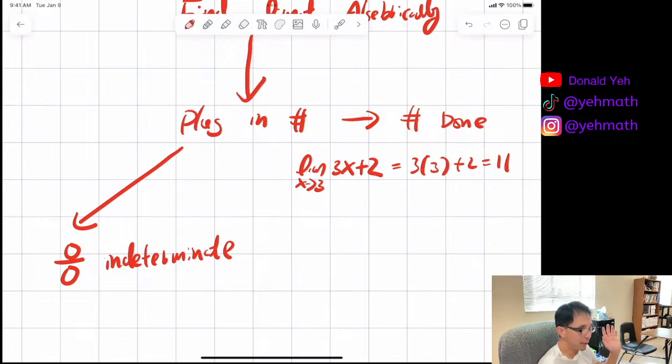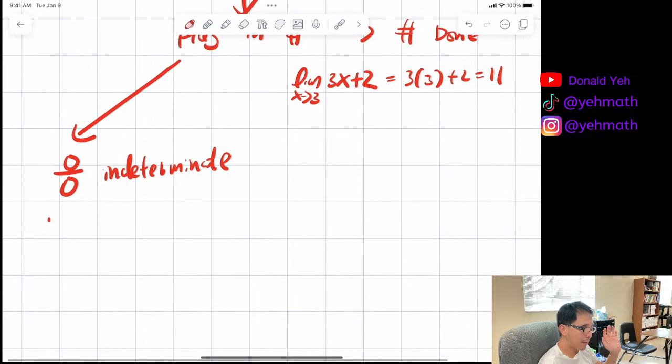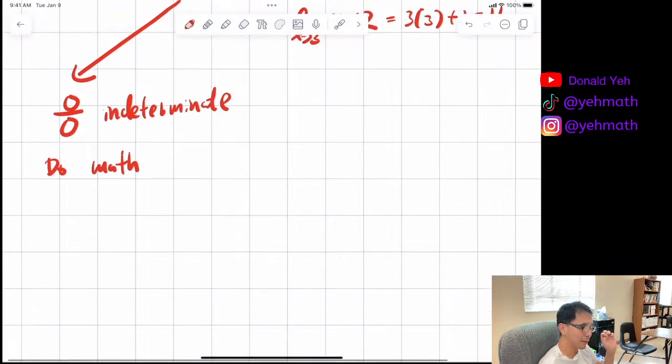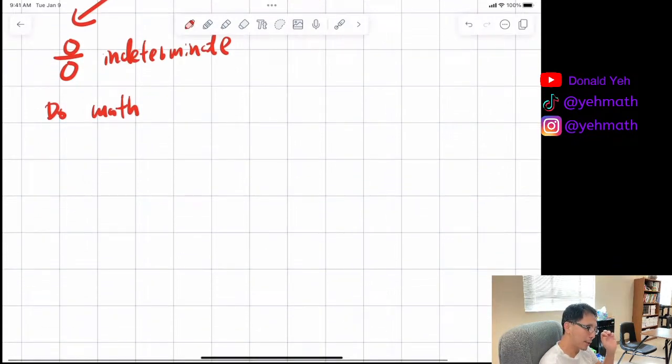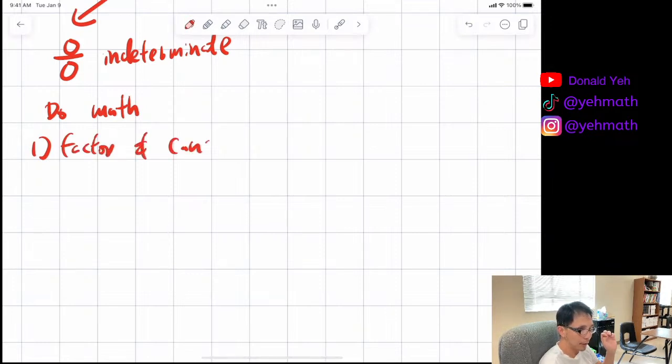Now, when it's 0 over 0, that means you have to do math. It sounds crazy, just do math. Well, many different kinds of math. The first kind of math is, you can factor everything and cancel. Hopefully something will cancel out. And then plug in the value.